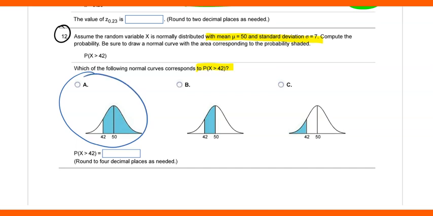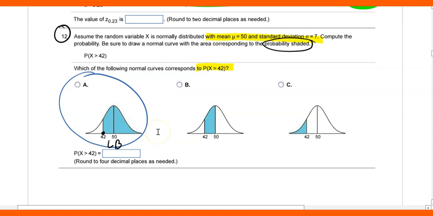Now you are looking for the probability of the shaded area here, and you use normalcdf for this area. The lower bound is 42. Greater than 42 means you're going to the right, so 42 must be the lower bound.